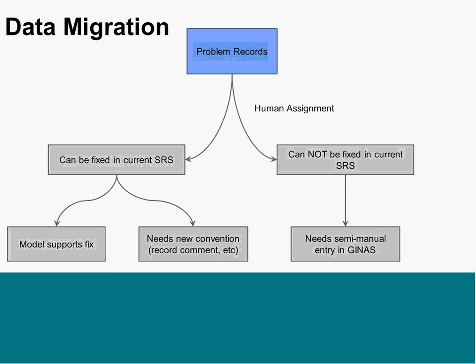Those things that can be fixed, so that the model supports the fix, and it just needs to be implemented and changed inside the FDA. Some in their current system need a convention that they add inside of their system that will, on a migration, pull in just right. They'll need to actually do some manual entry into GInAS in order for it to be populated.